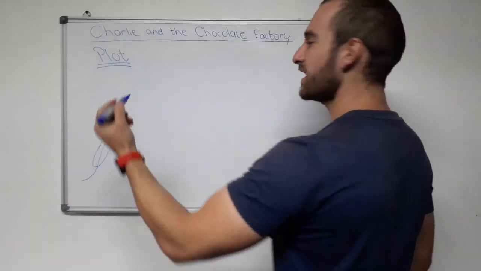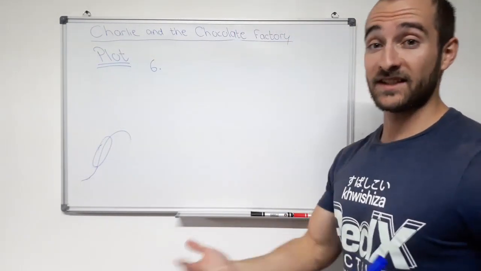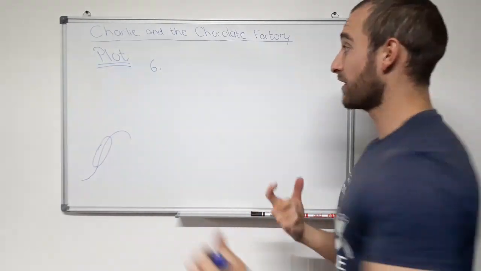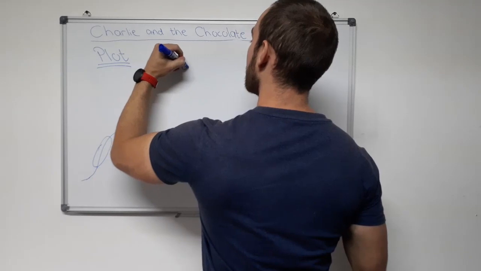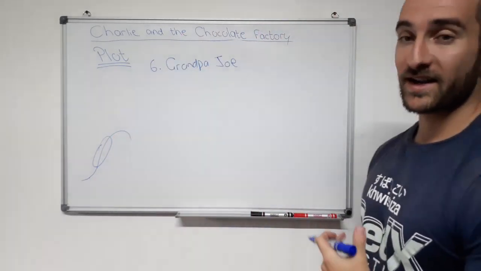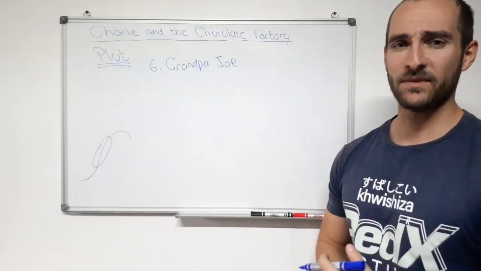Now from here, which was point 6, if I'm not mistaken, that we'll be talking about is another attempt by Grandpa Joe to win the golden ticket. So we find out that Grandpa Joe has enough money to buy another bar of chocolate. So another attempt.